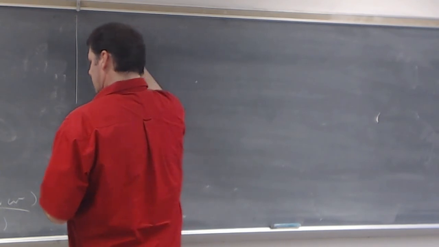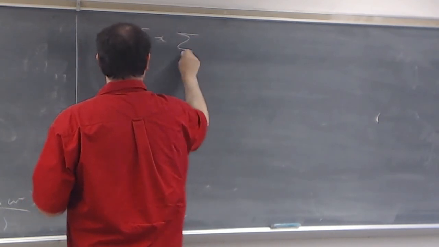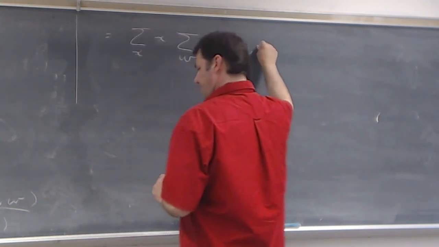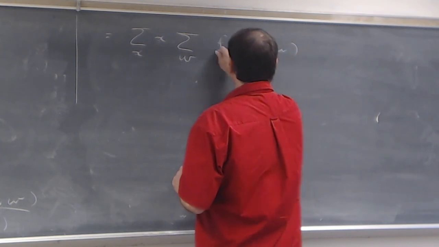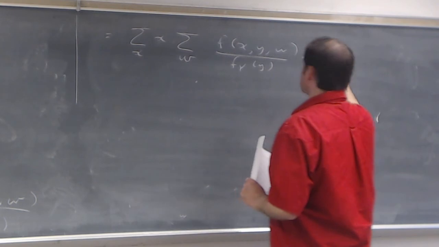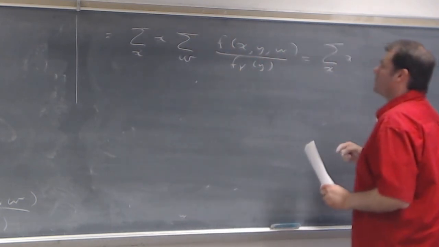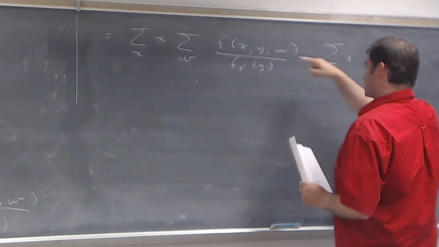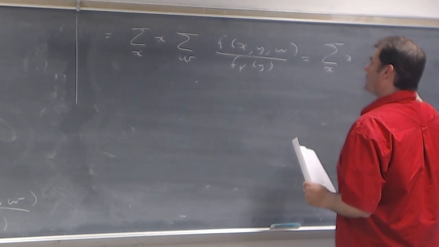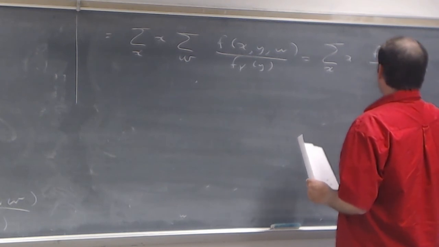So that's going to be equal to, well, I can take out the x that's in front because it's constant with respect to w, and then sum over w of f of x, y, w over f sub y of y, and that's going to equal the sum over all x's of x. And when we sum over w, the y here is constant, so we just sum this part. That would be f of x, y over f sub y of y.